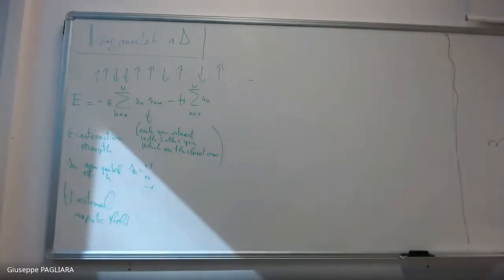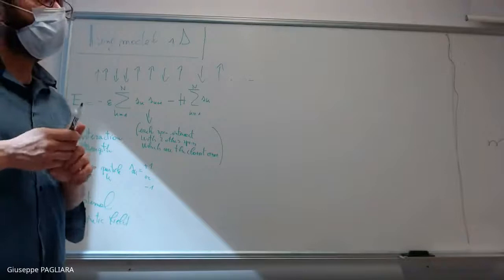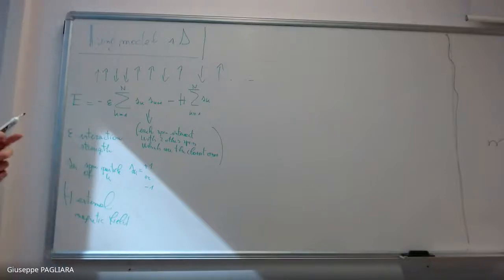As usual, if you have a magnetic dipole and an external field, you minimize the energy when the magnetic dipole and the external field have the same direction. Otherwise, we have a positive contribution to the energy.